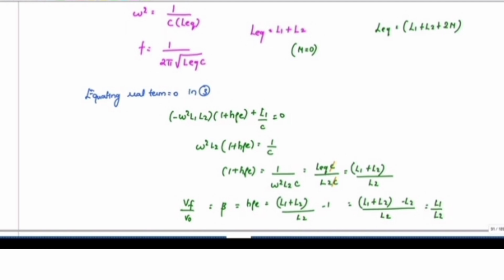So A is nothing but the gain. If you choose different values of L1 and L2, you can find the gain. So for oscillation you require a gain and a frequency.